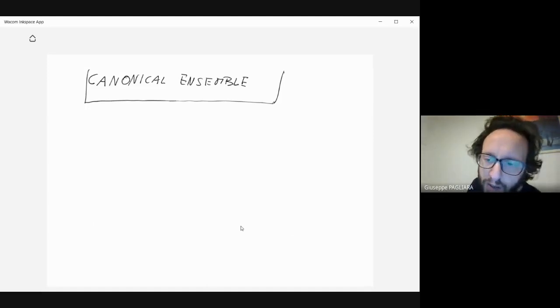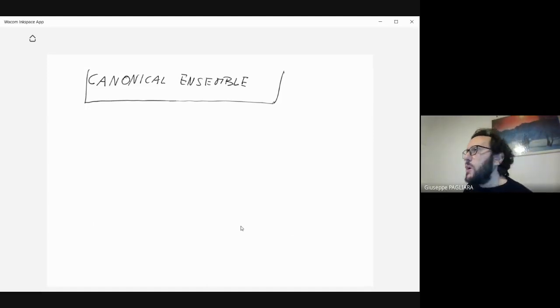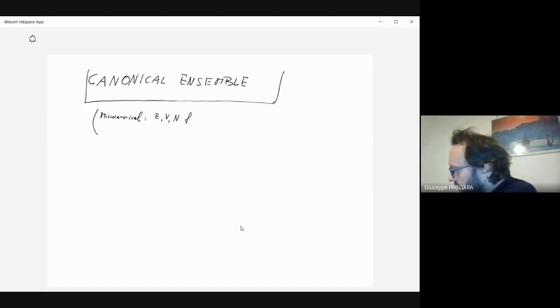So I'll remind you first what was the microcanonical ensemble. The microcanonical ensemble was an ensemble in which the energy is fixed, the volume is fixed, and the number of particles, they are all fixed.